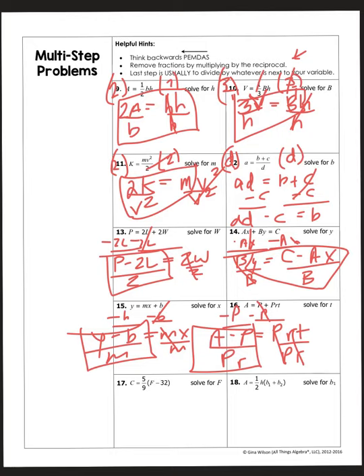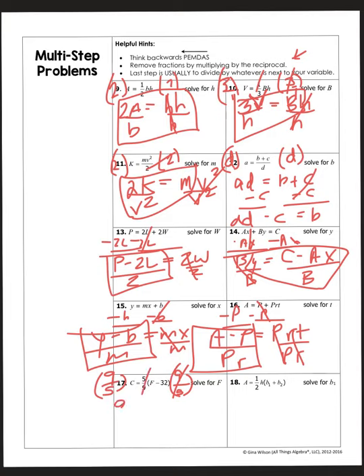Number 17. Okay, so in order to get rid of 5/9 being multiplied by F minus 32, I can multiply by the reciprocal, which is 9/5, on both sides. Okay, those cancel.